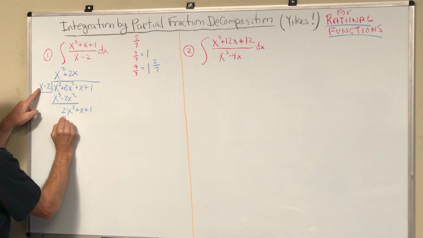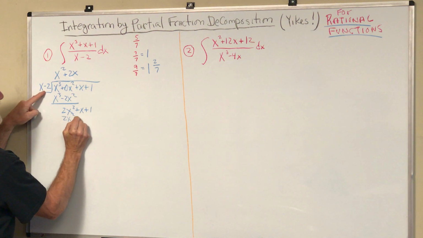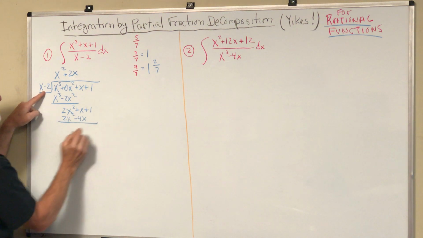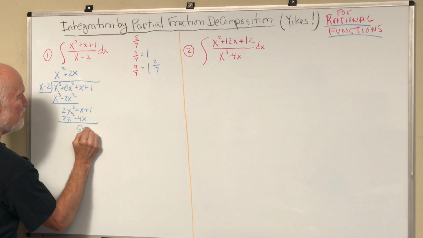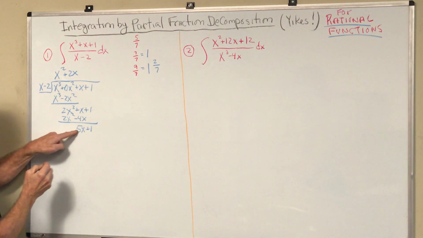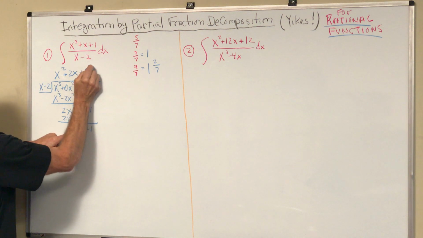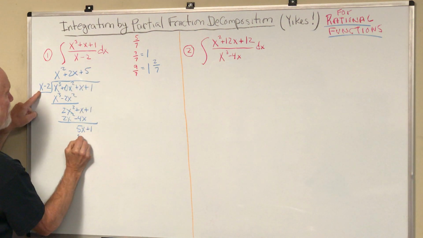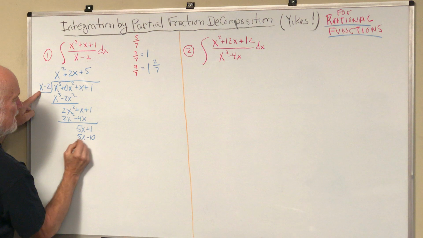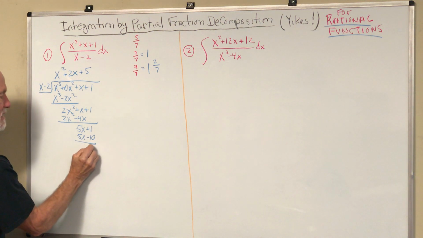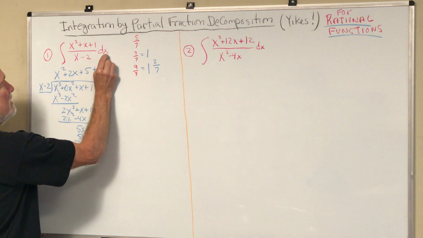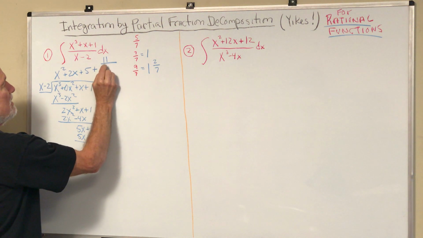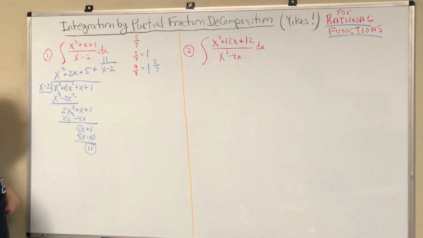Now you multiply. 2x squared minus 4x, and now you subtract, and you get 5x plus 1. X goes into 5x 5 times. You multiply, and then you subtract. And this is the remainder. So that goes over x minus 2.